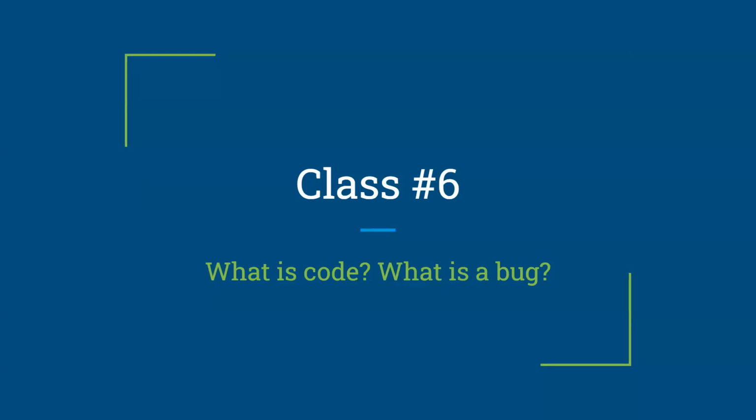Is it like code is the instructions and then the bug is the possible errors, or like, I don't know what the right term is, but basically problems with the code. Okay, yep. I'm also seeing some suggestions in the chat, plus your answer. Yes, so code is the instructions that we are providing.